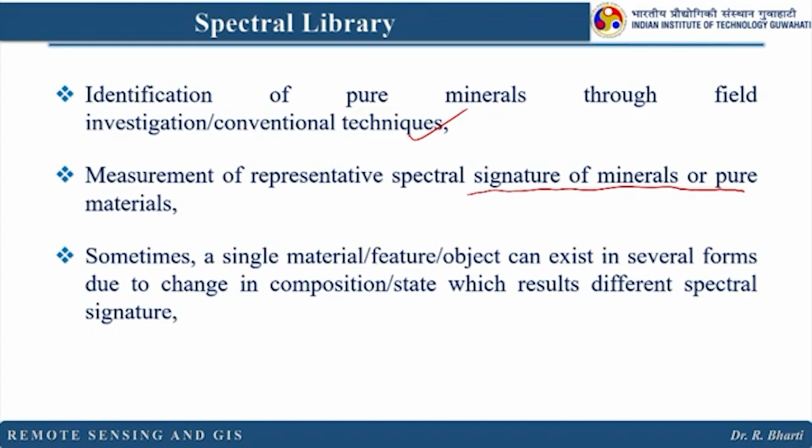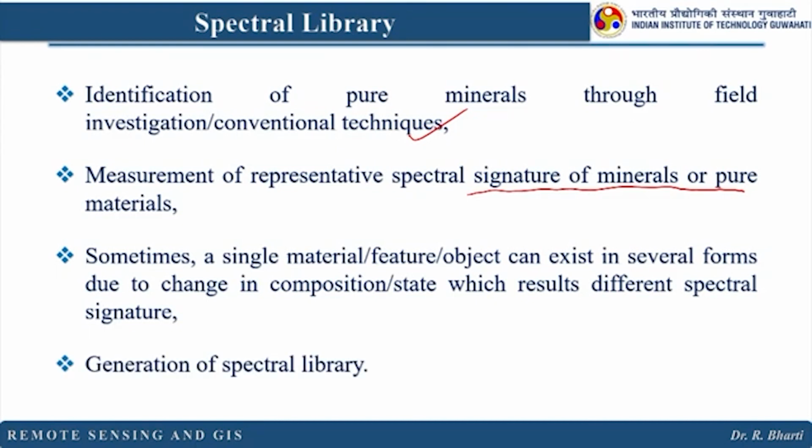Like water: water, ice, snow, snowflakes, all of them have different properties in different wavelengths. That is why it is very unique information, and that is why it is possible to identify all of them through this space-based measurement, right.